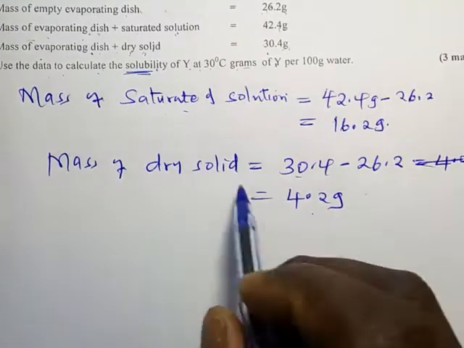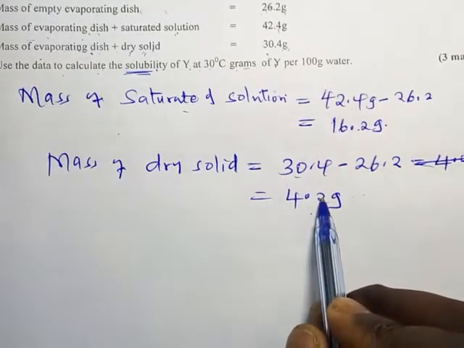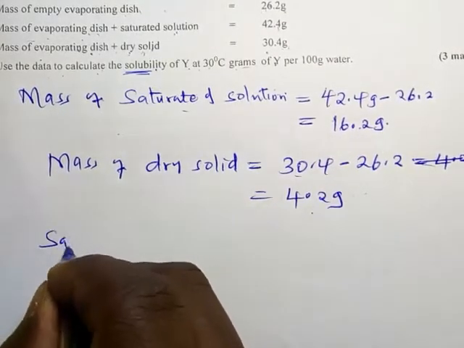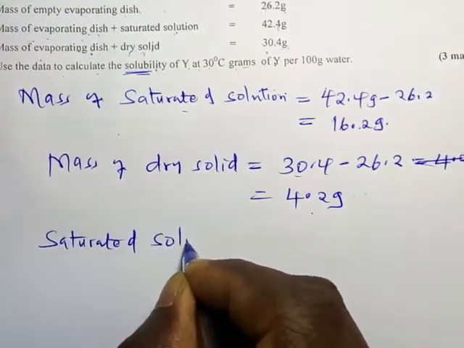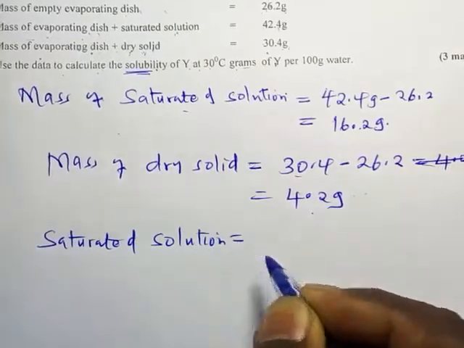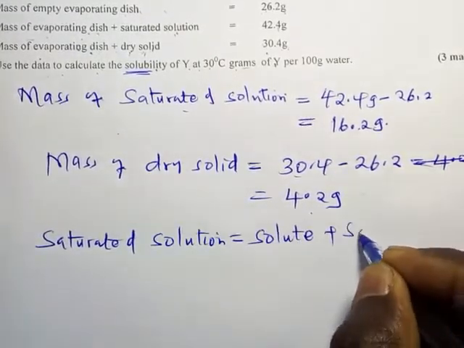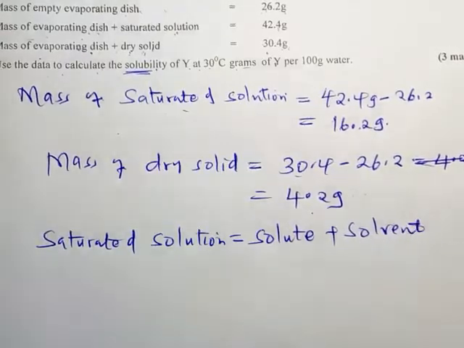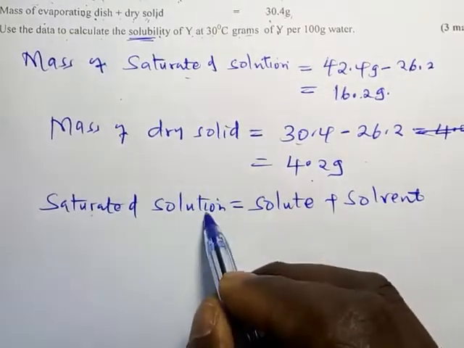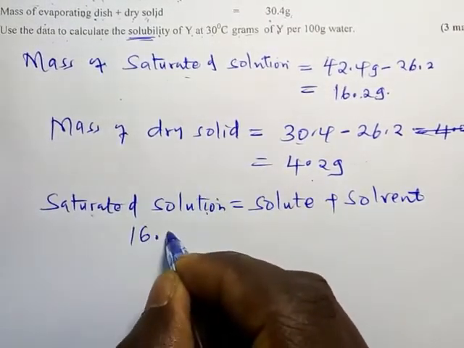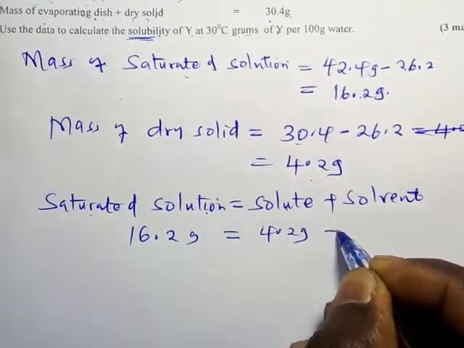Now we have the mass of the saturated solution and the mass of the solute. But we know a saturated solution is equal to solute plus solvent. So we have 16.2 grams equals the solute, 4.2 grams, plus the solvent.